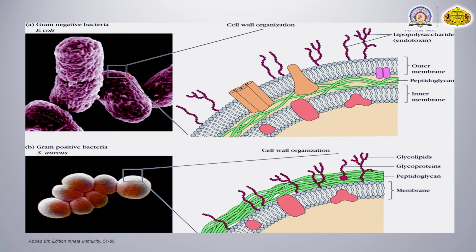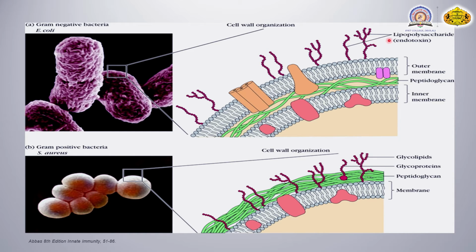Now in this slide you will see an electron micrograph of E. coli, which is a gram-negative bacterium, and this is a molecular design of the cell wall and cell membrane of the E. coli structure. E. coli is also one of the pathogenic microorganisms, and in the PAMPs you will see on the surface of this E. coli these structures, the chains which are floating here.